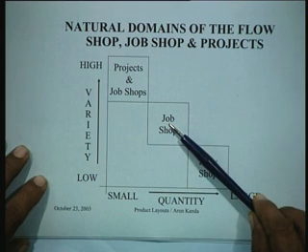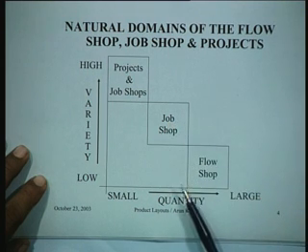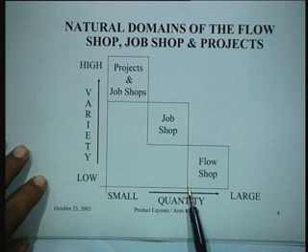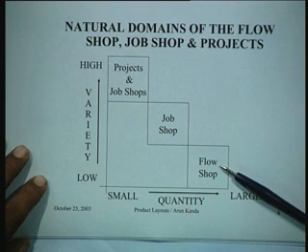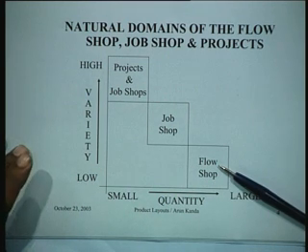So whatever we studied in layout planning was actually applicable to the job shops at this particular end of the spectrum. On the other hand, if we have a situation where the quantities are large and the variety of the product is relatively low, we come to a domain that is naturally suited for a flow shop or an assembly line or mass production, where we are basically performing the same set of operations repetitively without much change.